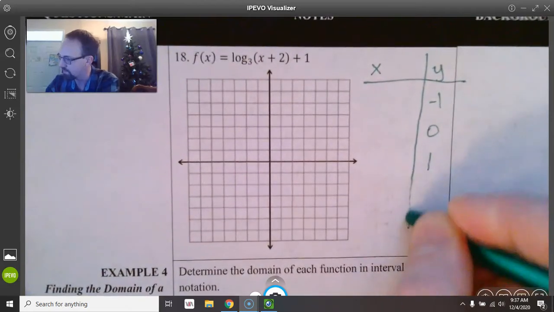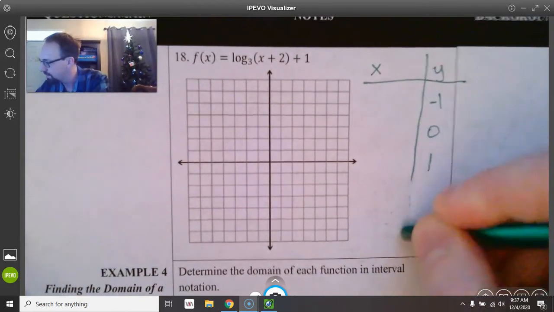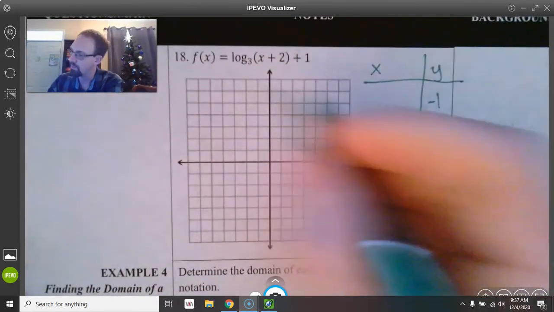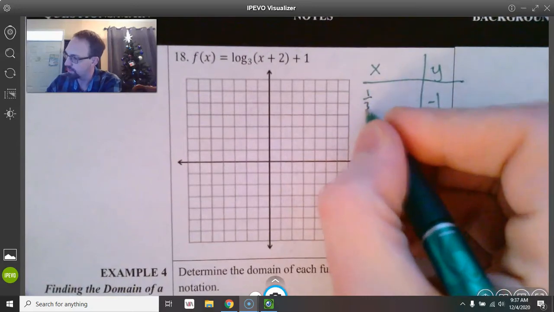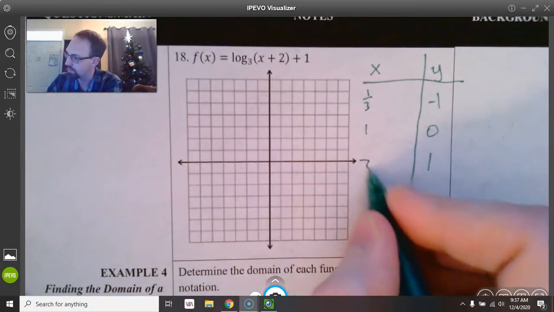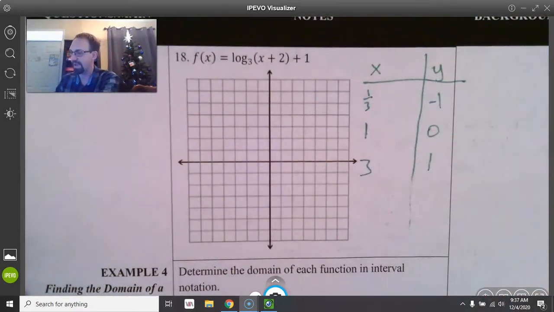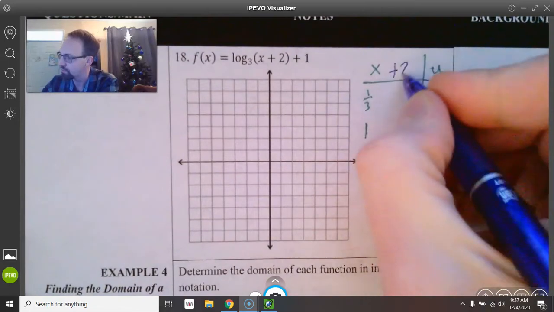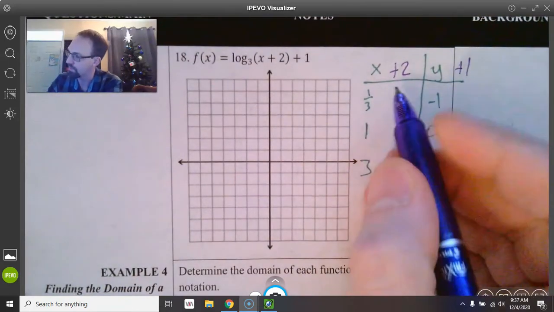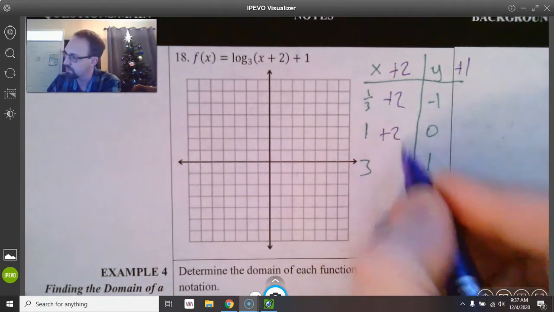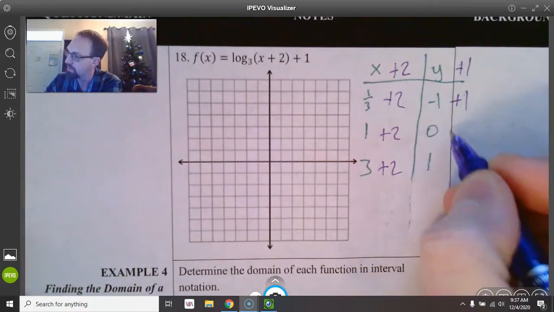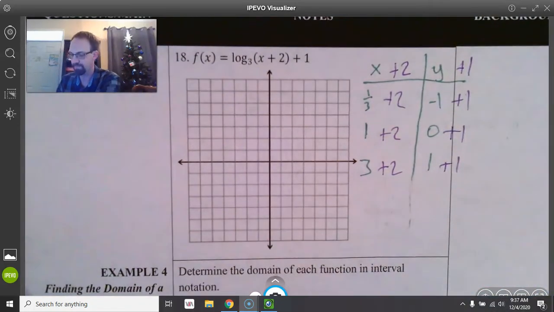Definitely don't need to go that far down. There we go. So my base is 3, so that's 1/3. 1, and 3. So my x value is +2, and my y value is +1. +2, +2, +2, +1, +1, +1.